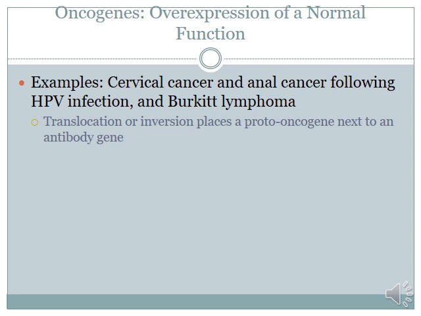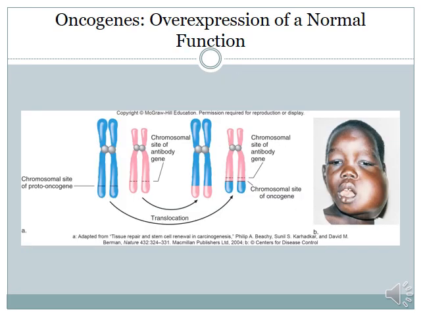You can have a translocation or inversion, which places a proto-oncogene next to an antibody gene. So let's look at Burkitt's lymphoma. Here we have a slide that shows that a translocation can cause cancer. In Burkitt's lymphoma, in A, a proto-oncogene on chromosome 8 moves to chromosome 14 next to a highly expressed antibody gene.